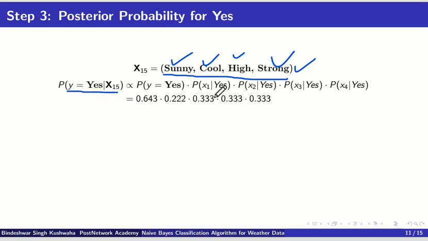So we will plug all values for x1, x2, x3 and x4 and we will multiply. This is P(y equal to yes) and for x1, x2, x3, x4. So we are finding probability of y equal to yes given x15.